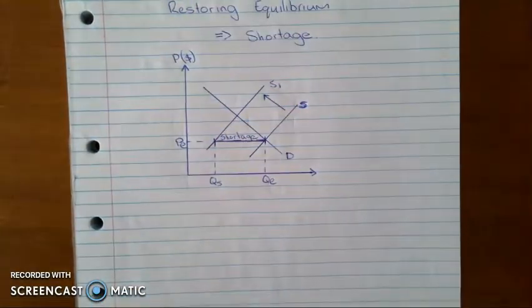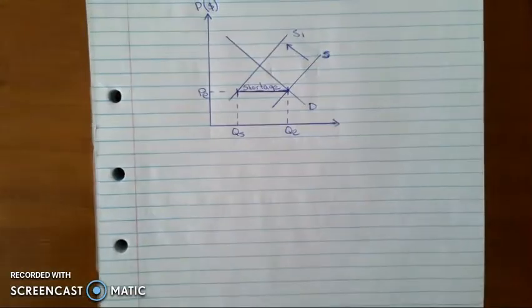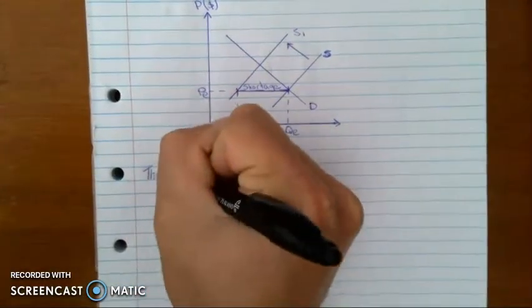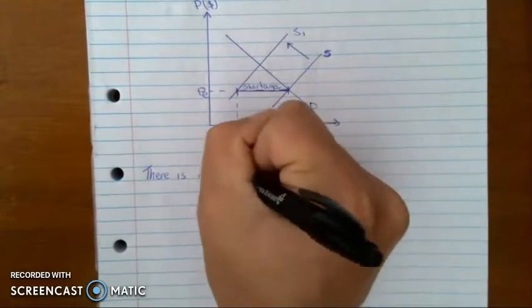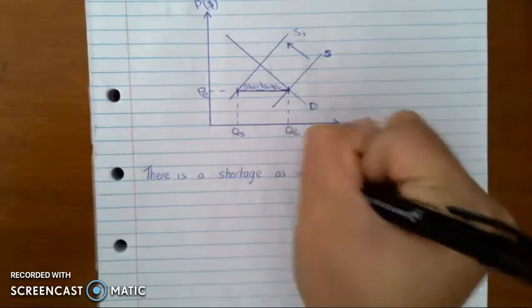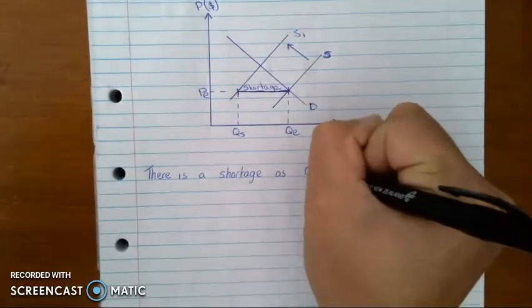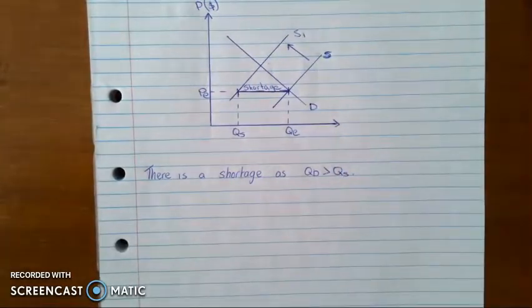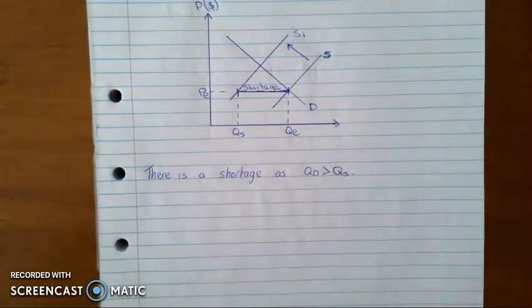So we can start this off again, same process as the surplus. There is a shortage as QD is greater than QS. So remember, shortage, the demanders or the consumers start the bidding process, okay?